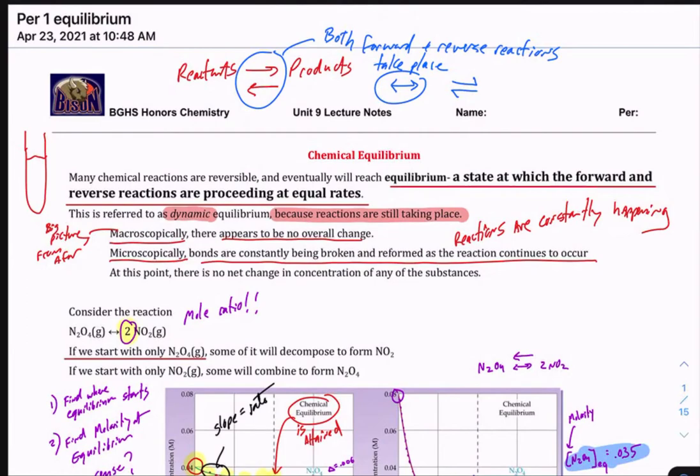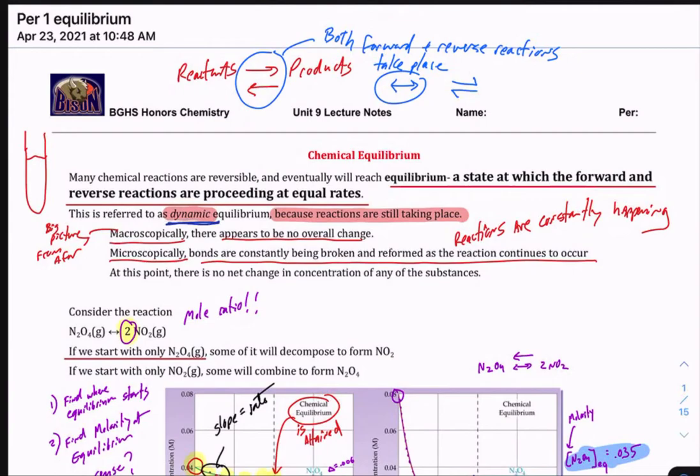The definition of equilibrium is when your forward reaction rate equals the reverse reaction rate. The thing to remember is that because this is what we call a dynamic equilibrium, reactions are still happening even though it looks like things are no longer changing.